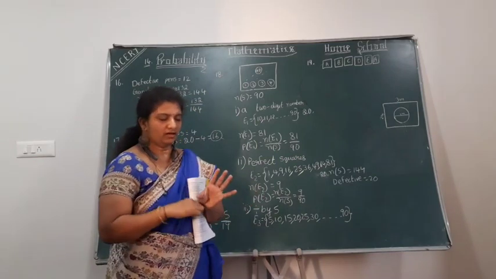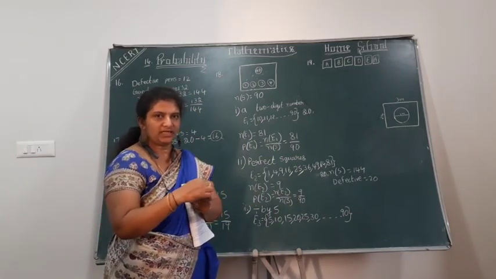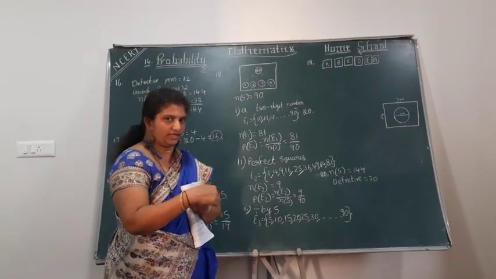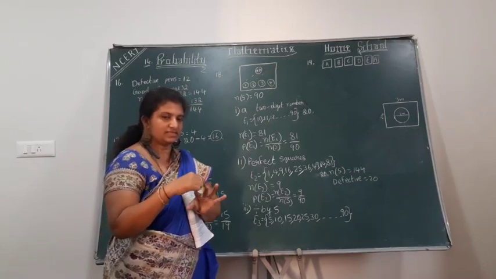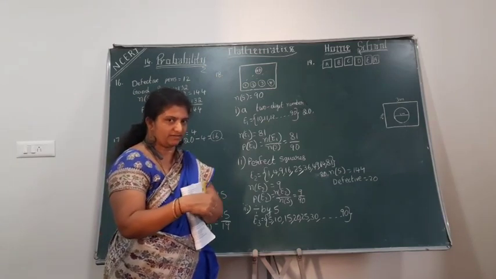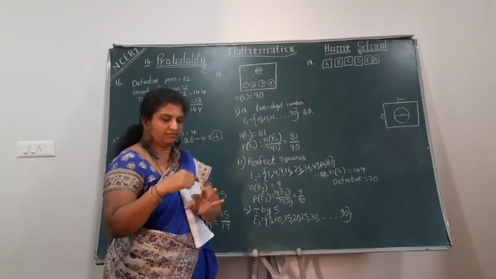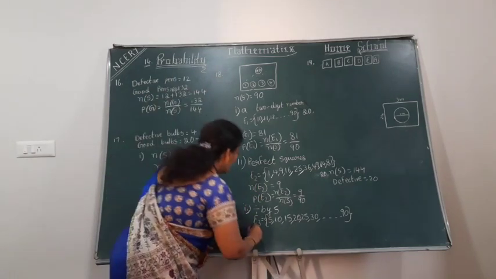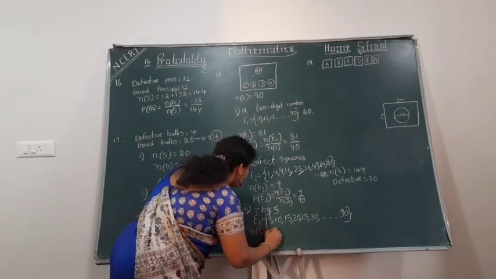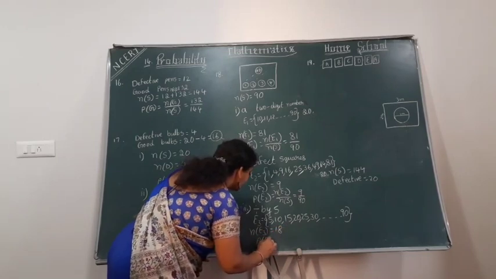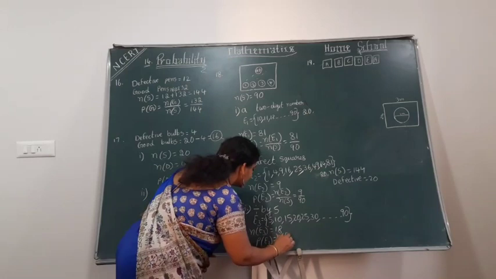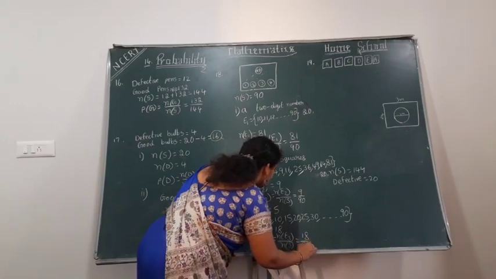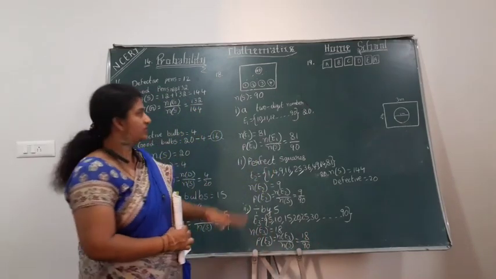Let's start counting here: 5, 10, 15, 20, 25, 30, 35, 40, 45, 50, 55, 60, 65, 70, 75, 80, 85, 90. So in total how many do we have here? 18. So N of E3 is equal to 18. The probability of getting this event, P of E3, is equal to N of E3 by N of S, which is 18 by 90. I hope this is very clear.